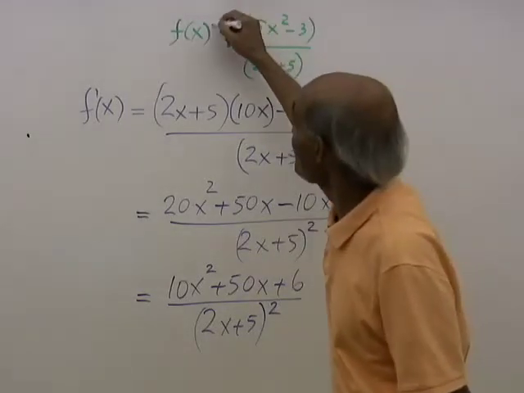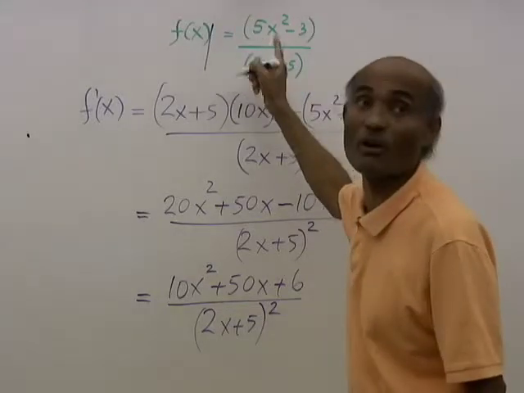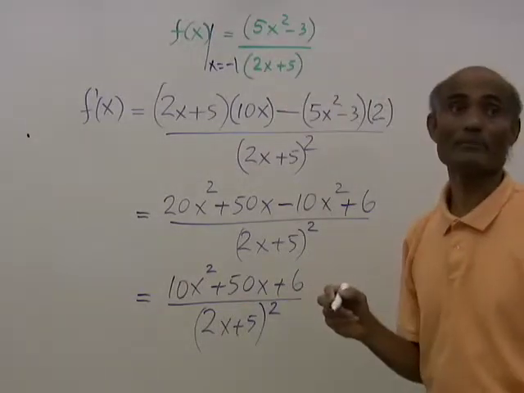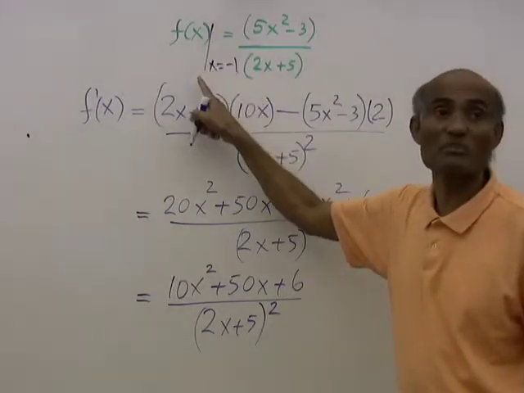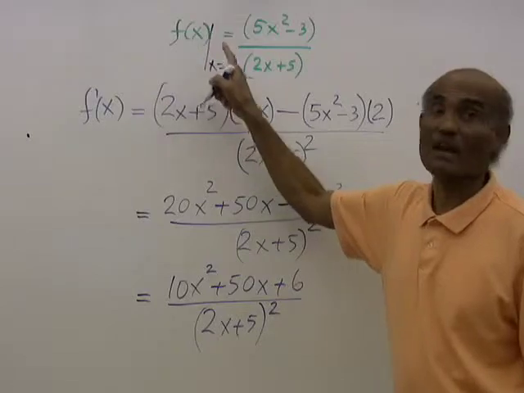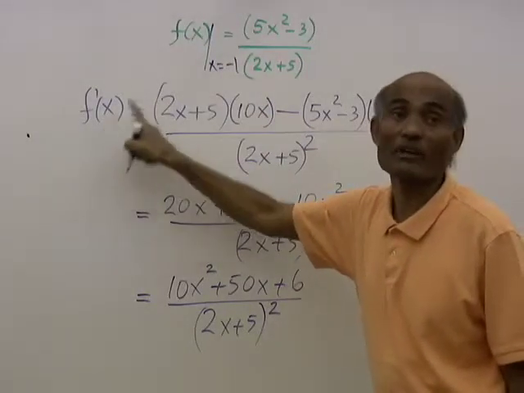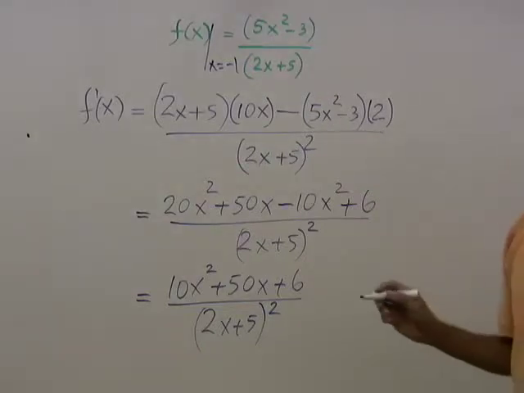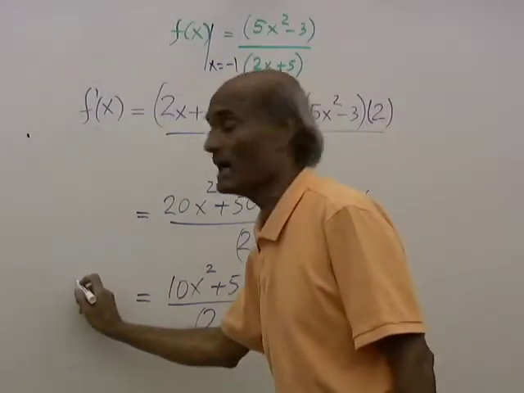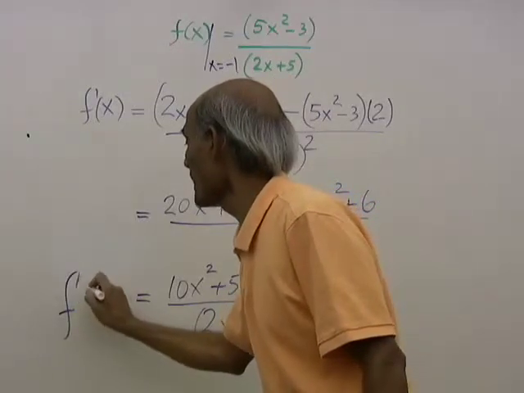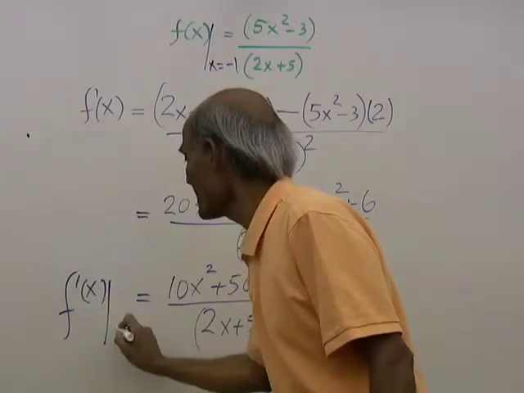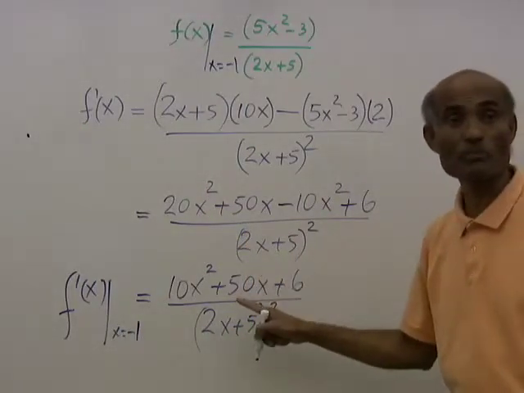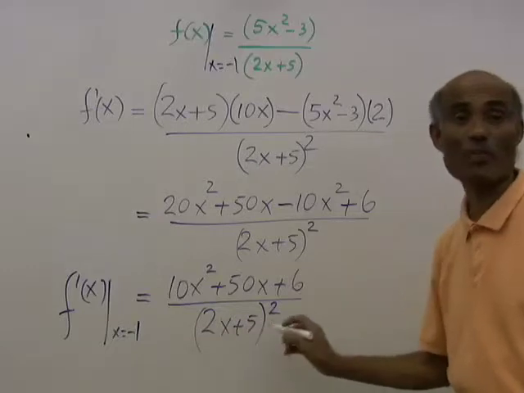Alright, suppose I ask you, find the derivative of this function at x equal to negative 1. Now, this notation means find f prime of x when x equal to negative 1. I'm going to write that over here. All we need to do is replace your x by negative 1.